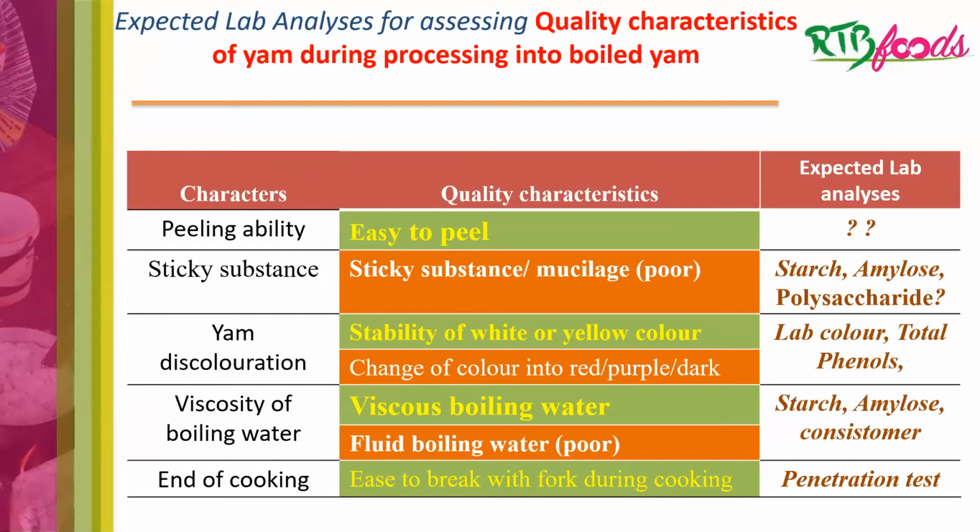For easier peeling, we don't find anyone. For sticky substance mucilage, we thought of starch, amylases, and polysaccharides. For stability of white color and yellow color, change of color, we thought of lab colorimeter and total phenol.